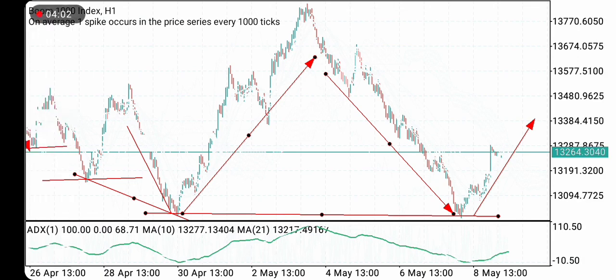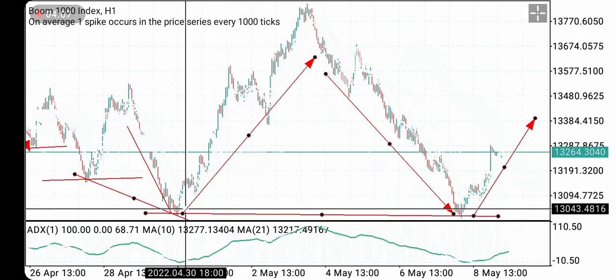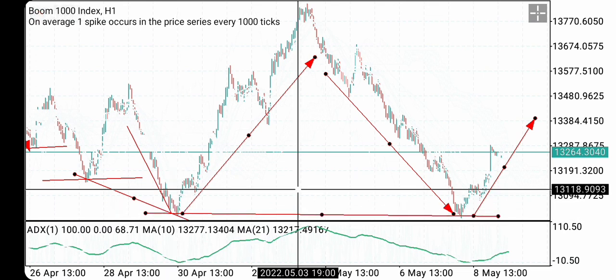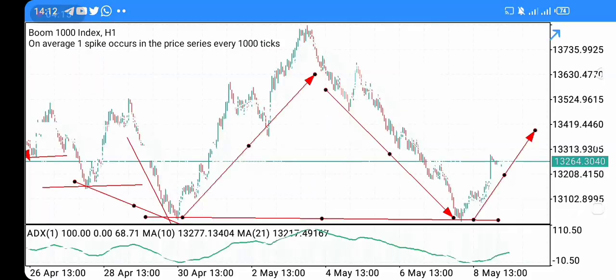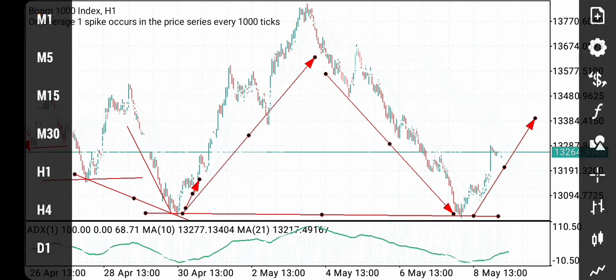You can opt in your buy because the market has reached a support level here, meaning that you wait for your confirmation, and when you see that the market is going up, that is when your confirmation arises. So you opt in your order for your buy order. So that is that on support.